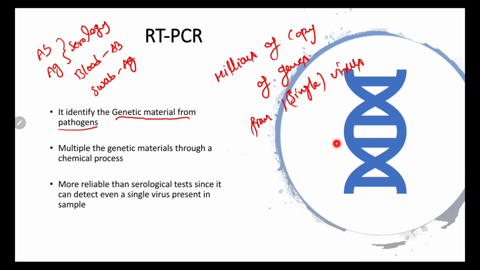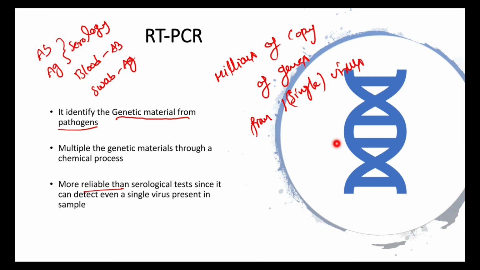If only one single virus is present, we can produce a billion copies of the genetic material. So that's why this test is more reliable, more specific and more sensitive than the serological testing in identifying COVID-19 patients.